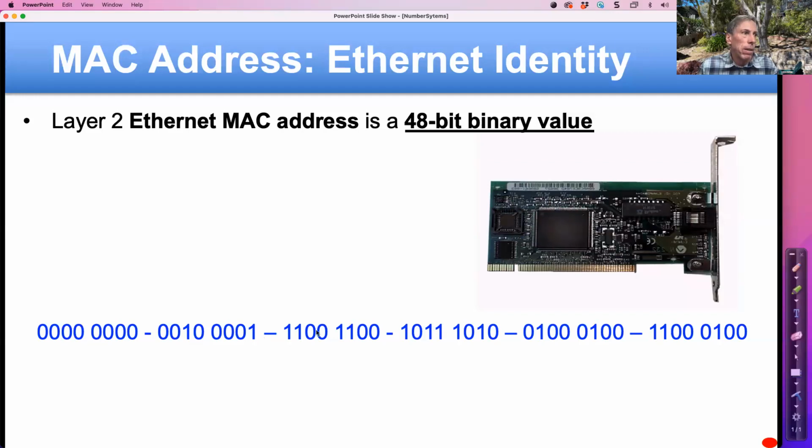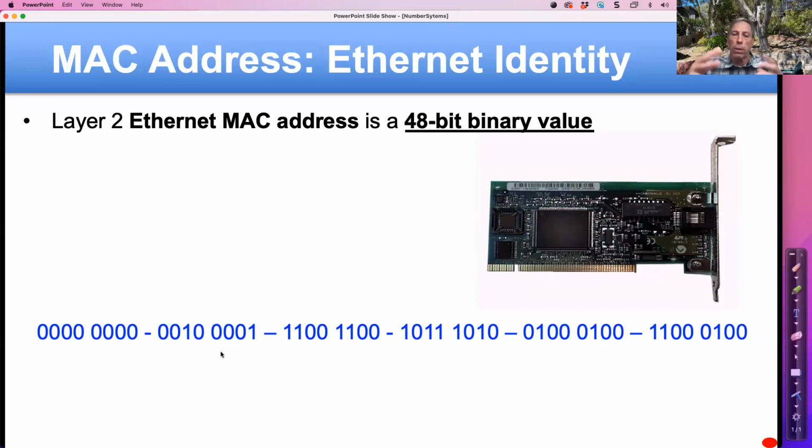Look at this, okay? And you can actually display your MAC address. If you're on Windows and go to a command prompt, you can do ipconfig /all. Mac or Linux, you can do ifconfig. Okay? And it will actually display it, but it's not going to display it like this. Although these are the actual 48 bits.